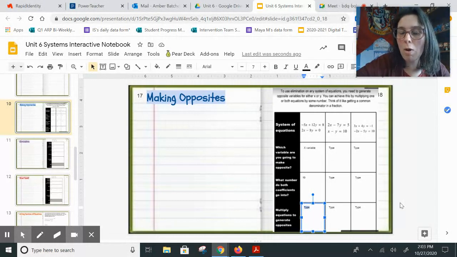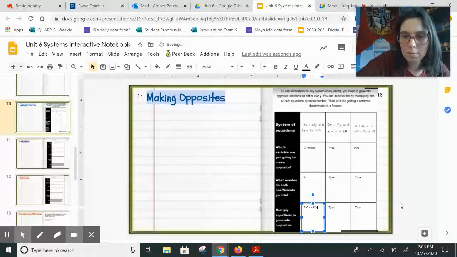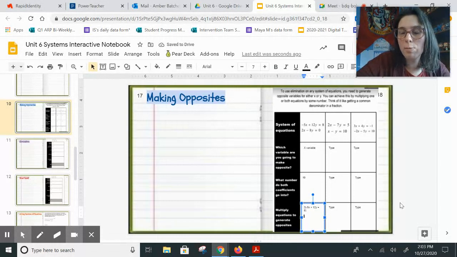So I'm going to multiply the whole first equation by 2. And then the second one, 2 goes into 10 how many times? 5. So I have to multiply the whole second equation by 5. We'll continue that, distributing and then combining, in the next slide, okay?